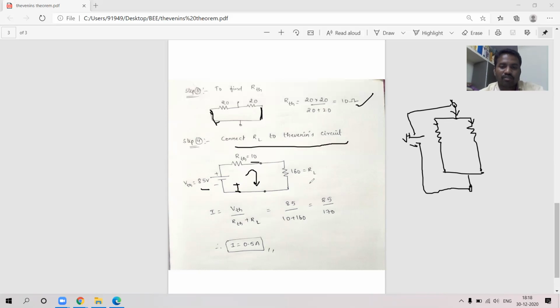So I is equal to V by R. V is VTH and R is, they are connected in series means these two resistors are added up, that is RTH plus RL. What is VTH? VTH is 85 and RTH is 10 and RL is 160. 85 by 170. 85 ones are 85, and 85 twos are 170. 1 by 2 value is 0.5 amperes.